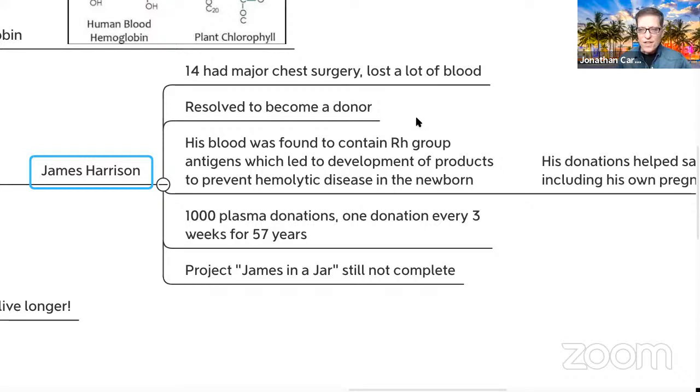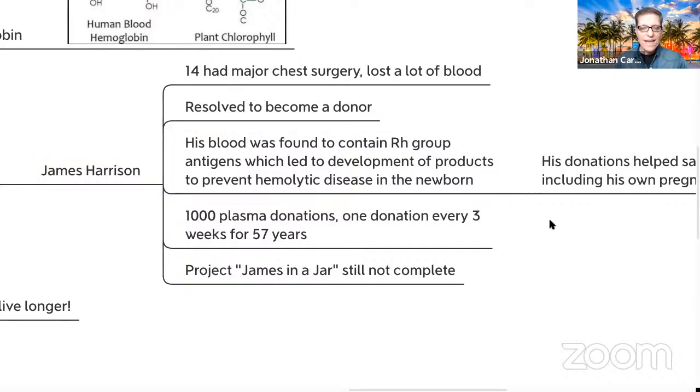Many of you probably know about this because if you've ever had children, your obstetrician or pediatrician will have told you about this Rh group and the fact that this antibody can cause a hemolytic disease where basically the blood cells rupture in the newborn. Amazingly, because of this one guy, it led to the development of products to prevent this disease.